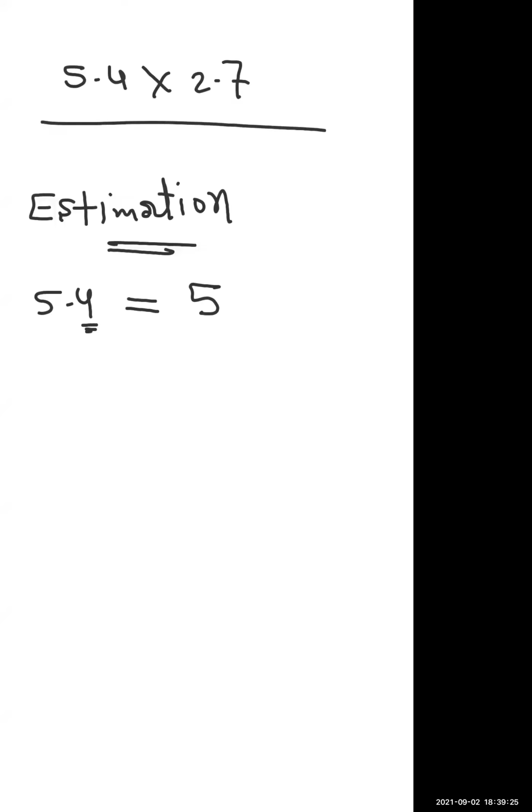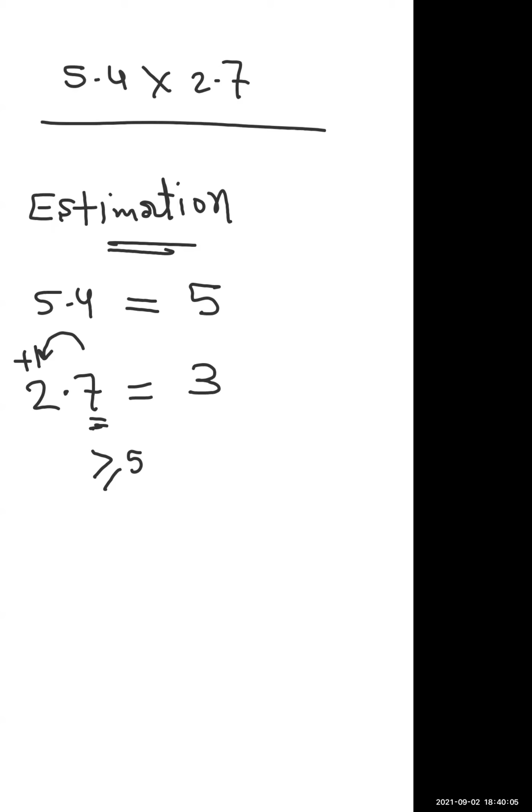If I want to approximate it, is it greater than or equal to 5? No, it's less than 5. So drop down this number without a change. So it will equal 5, correct? Yes, Mr. Then the estimation of the next number, 2.7: this is 7. It's greater than or equal to 5, yes. So increase this number by 1. So it will equal 3.